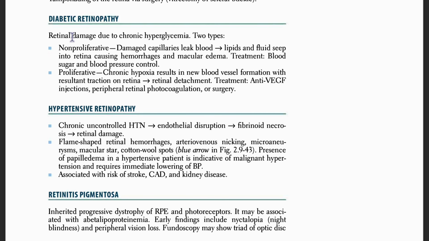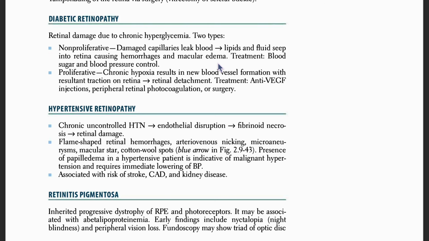So just revising this, diabetic retinopathy, retinal damage caused due to chronic hyperglycemia. There are two types: non-proliferative and proliferative. Non-proliferative is the one where the capillaries leak blood, and you treat it with blood sugar and blood pressure control. In the proliferative one, it's due to chronic hypoxia, so it causes new blood vessel formation.